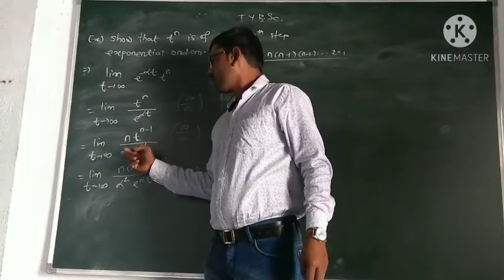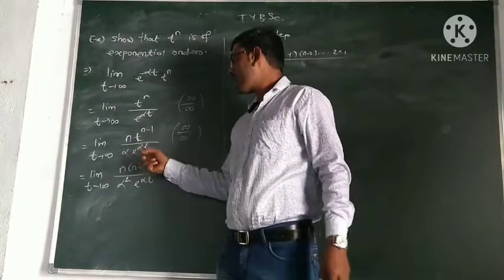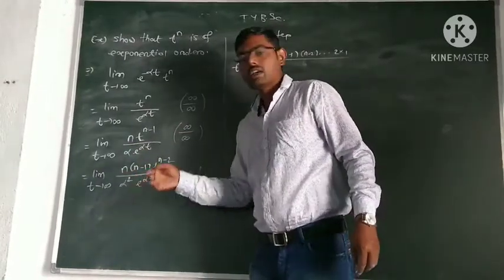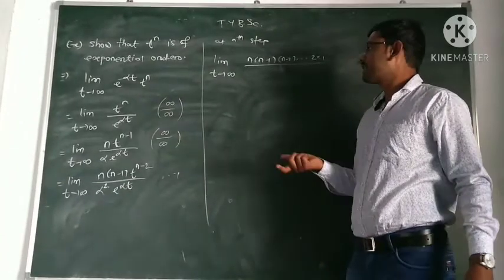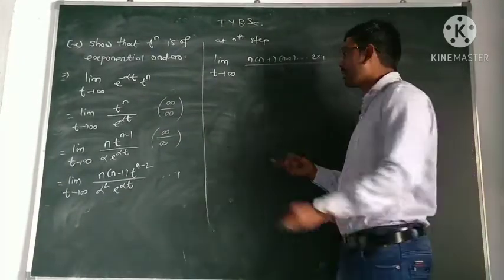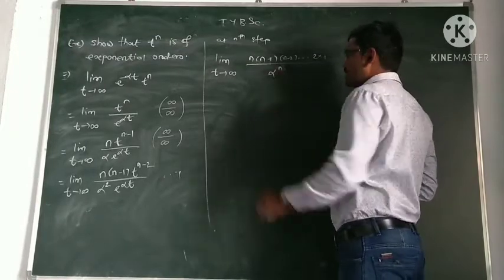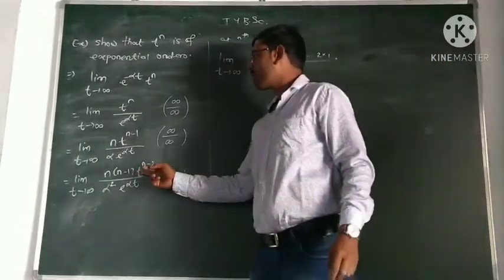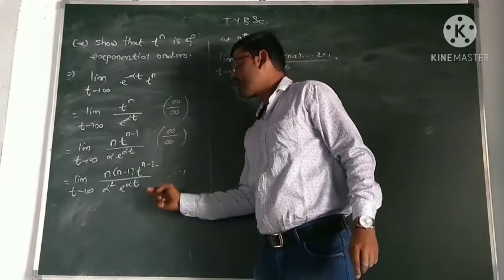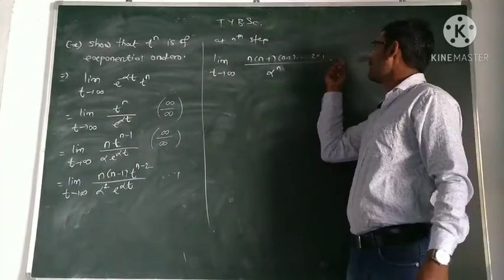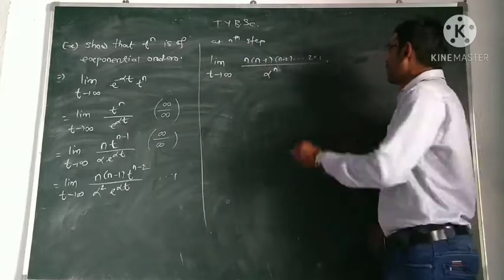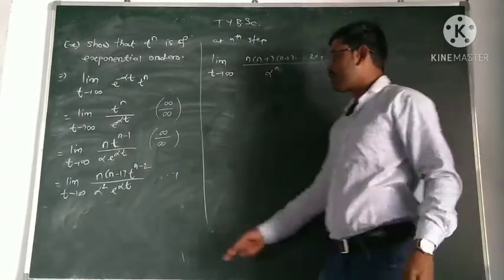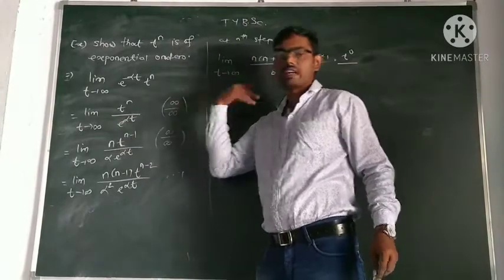Then when we take the first derivative, here alpha into e raised to alpha t. When we take the second derivative, here alpha square. So continuing the process, when we take the nth derivative, here will be alpha raised to power n, and in the numerator t raised to power n minus 1, n minus 2, and so on. At last, at the nth step, the power becomes 0, that is t raised to power 0 upon e raised to alpha t.